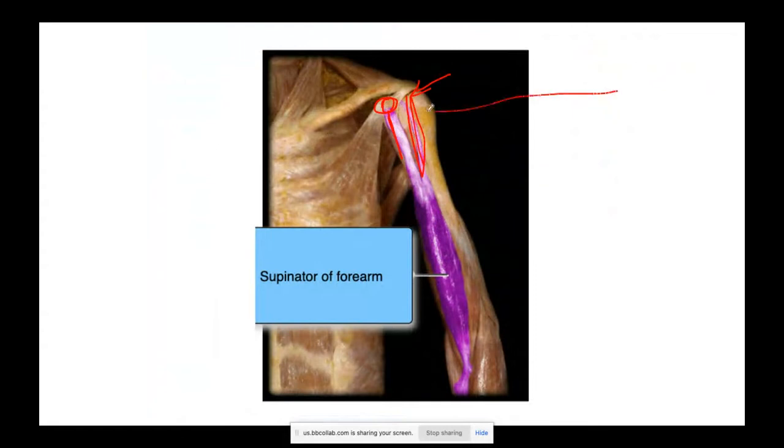The action of the biceps here at the shoulder will flex the shoulder. What will it do here at the elbow? It can flex the elbow, but we said that it can also supinate the forearm. That's if your elbow is bent at 90 degrees and your right hand is tightening something. If you're tightening, that is supination.